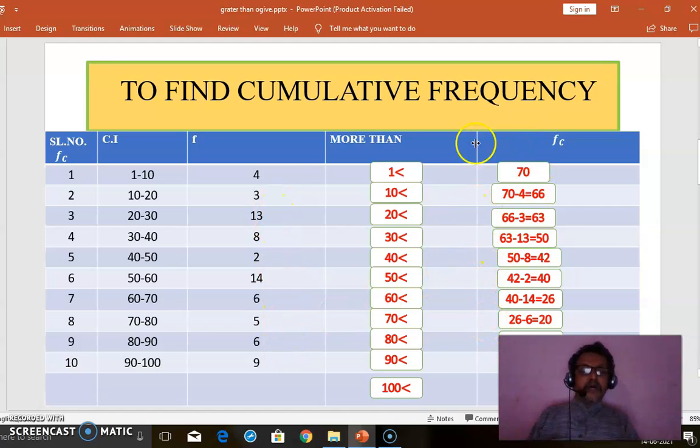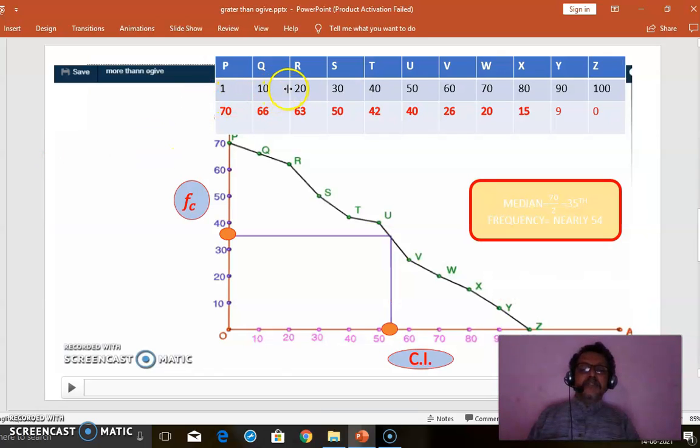Then we have to draw the graph for this. Take these values on the x-axis and these on the y-axis. See here: these are the lower limits of the class intervals, and these are the frequencies.